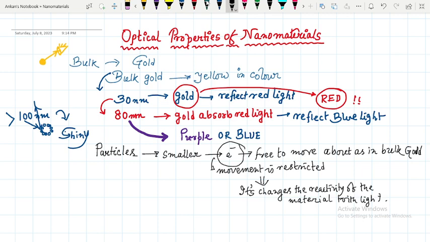Now we can use this interesting property to tune our optical devices, which can react differently under different conditions by only controlling the size.